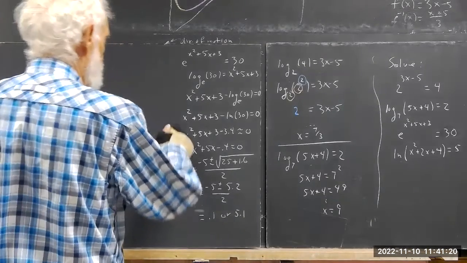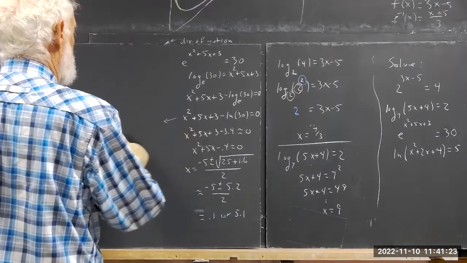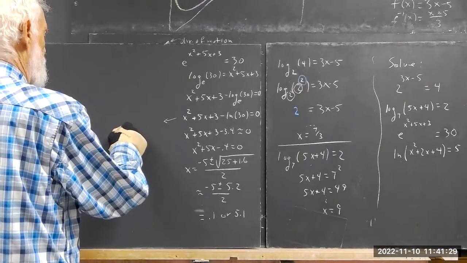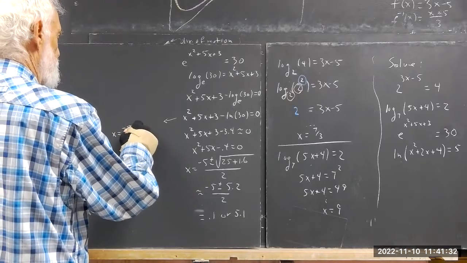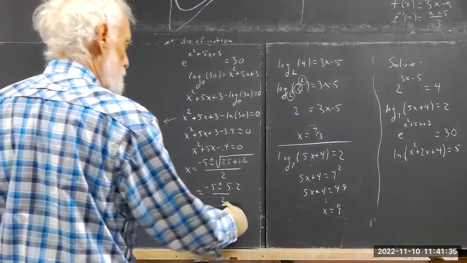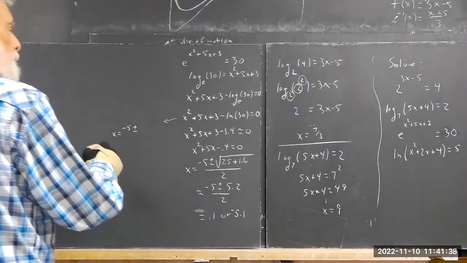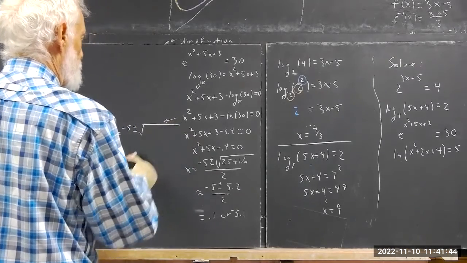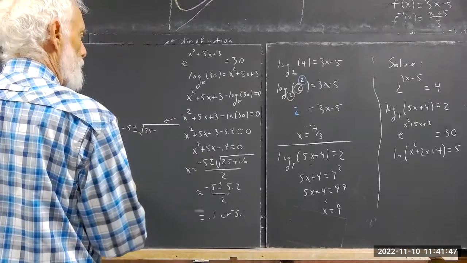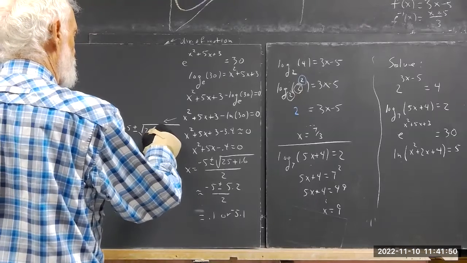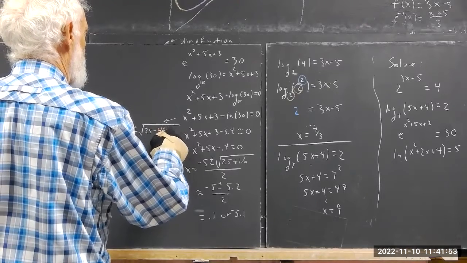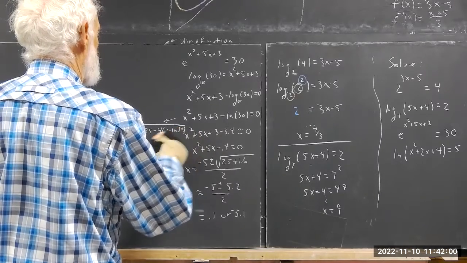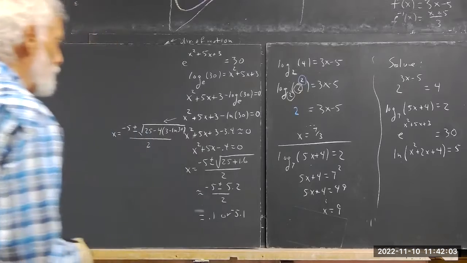Alternatively, you have this expression, which tells you then that x is -5 plus or minus the square root of 25 minus 4 times 3 minus the natural log of 30, over 2.